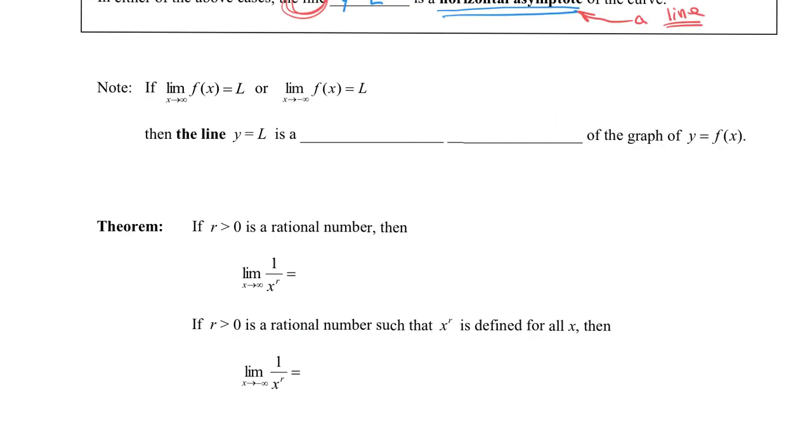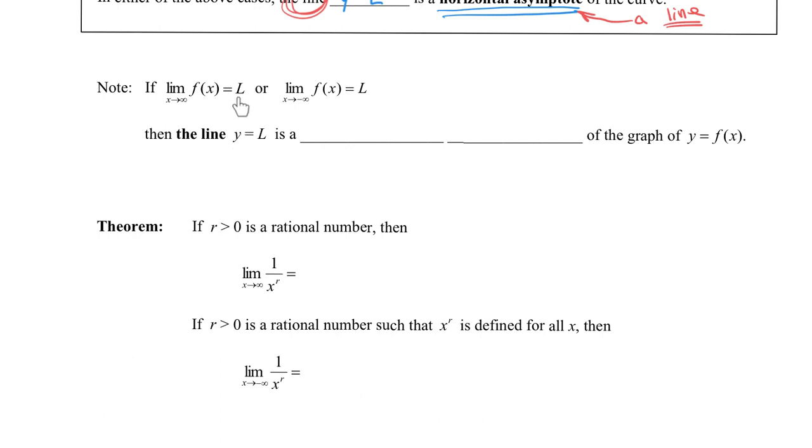There's another note here. Let's say you take the limit as x approaches infinity of this function, you get some real number L. Or you take the limit as x approaches negative infinity of some function, you get this real number L. In that case, this number L is actually part of a horizontal asymptote.